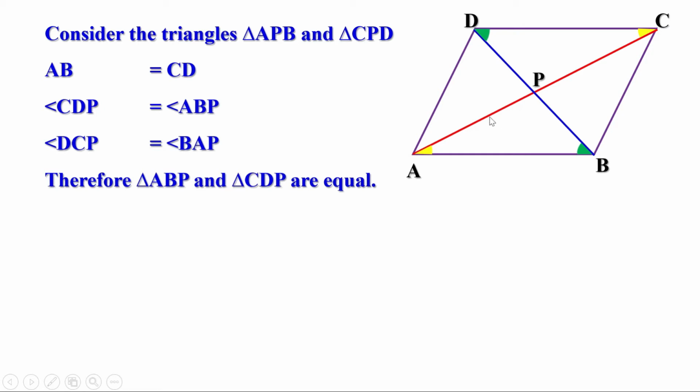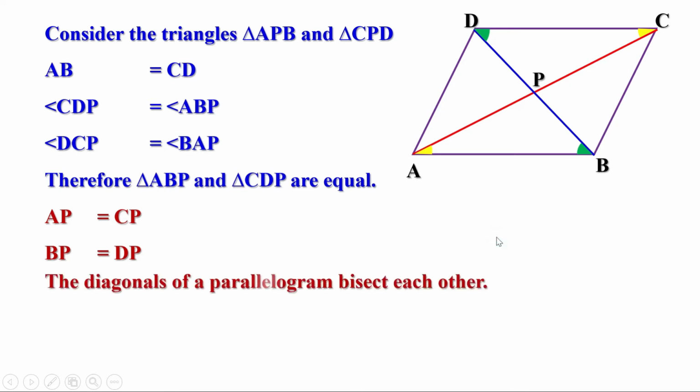Therefore, the sides opposite to them are equal. That is, AP equal to CP. In the same way, these two are a pair of equal angles. The sides opposite to them, DP and BP, are also equal. That means P is the midpoint of both BD and AC. Or we can say the diagonals of a parallelogram bisect each other.